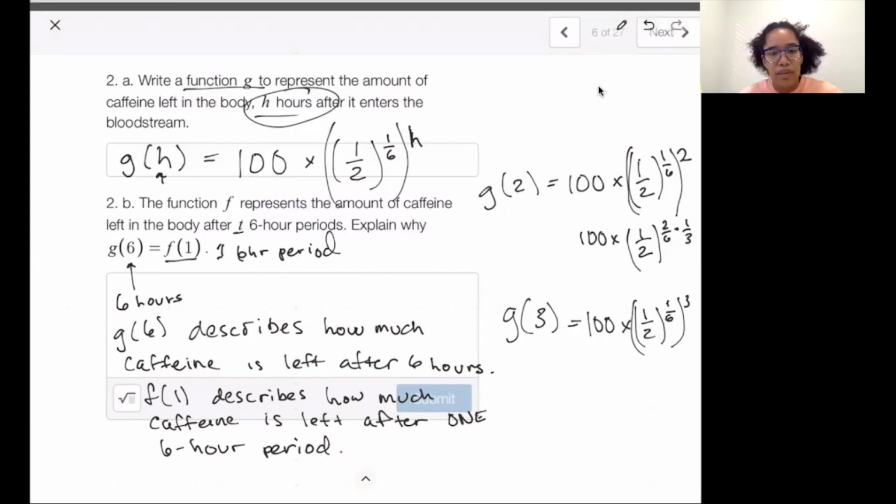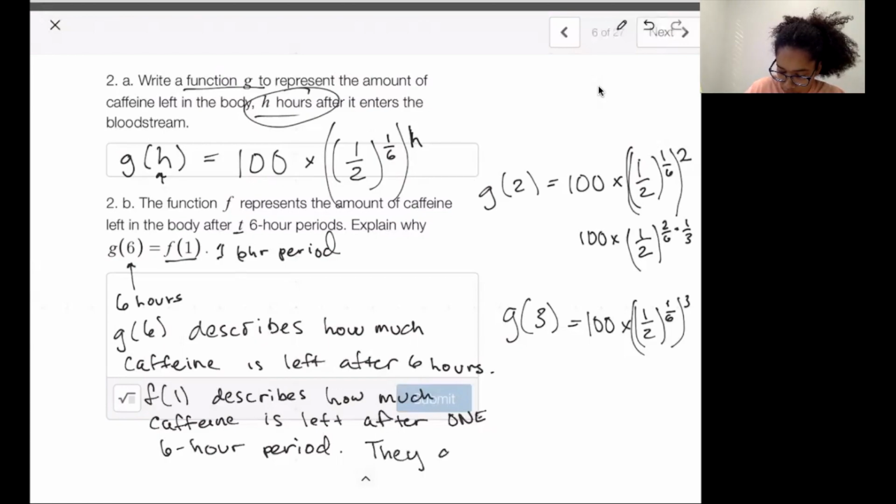And there you go. In case you can't read my writing, I said g of 6 describes how much caffeine is left after 6 hours. F of 1 describes how much caffeine is left after 1 6-hour period. So they're both describing 6-hour periods.